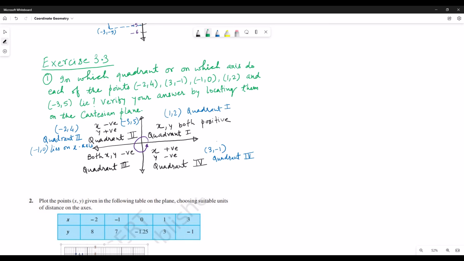Minus 1, 0 is on the negative x-axis, so it is not in a quadrant. We say it is on the x-axis. It is neither in the second quadrant nor in the third quadrant. It is on the x-axis. And 1, 2 lies in the first quadrant. Both are positive, so it is the first quadrant. And minus 3, 5: x negative, y positive, so that is the second quadrant.